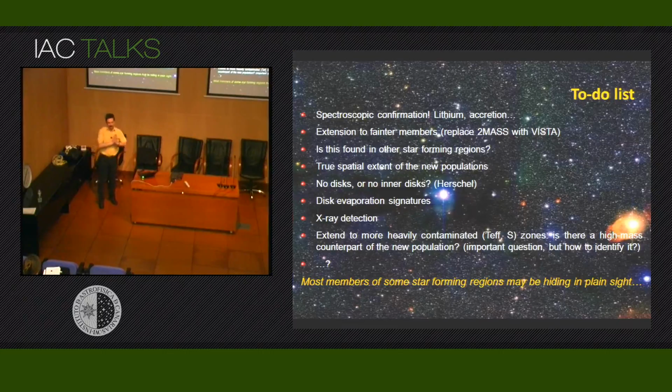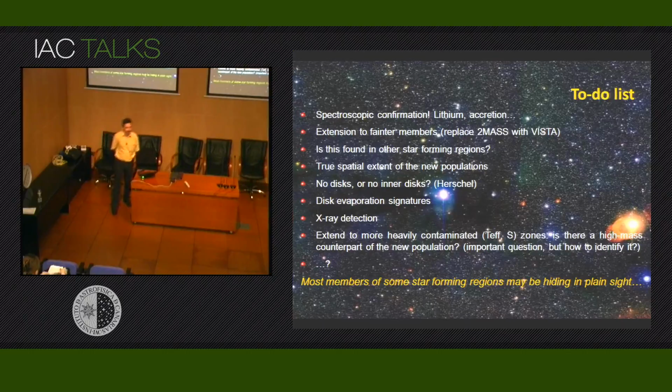The interesting comparison that we can do, and I believe that this is very relevant to your question, is we can compare the population of new members and known members in Lupus 3 itself, and see if the new candidate members, let's say the disk class population, has a difference in terms of mass distribution with respect to the population that has been detected by other means, a population that typically has disk or accretion or X-ray emission.